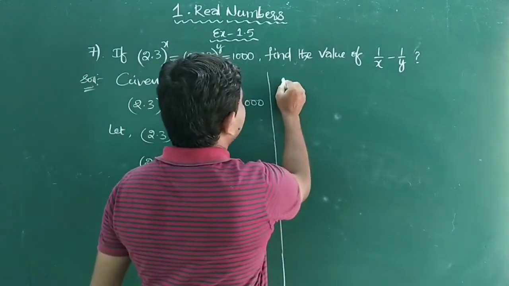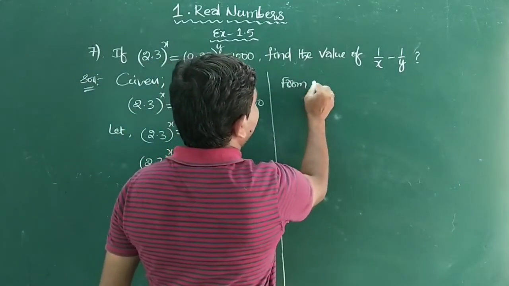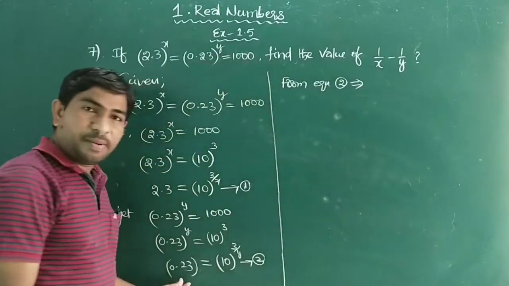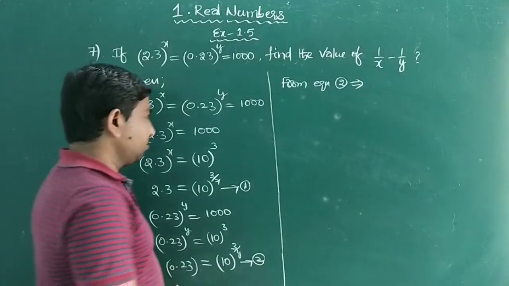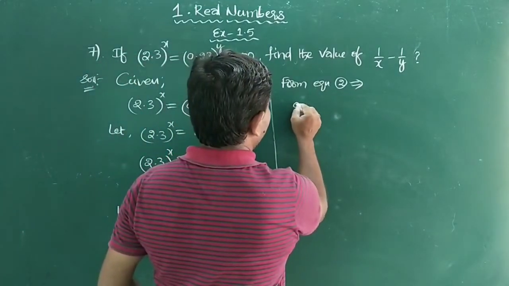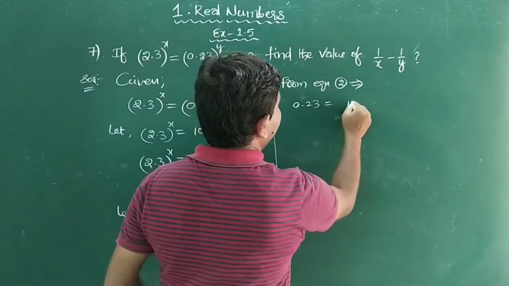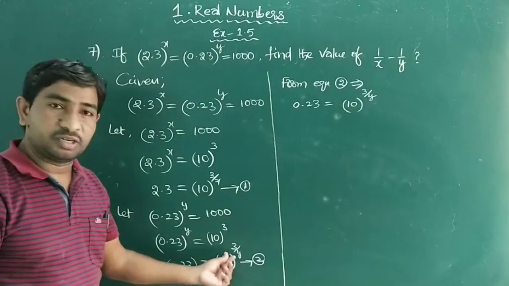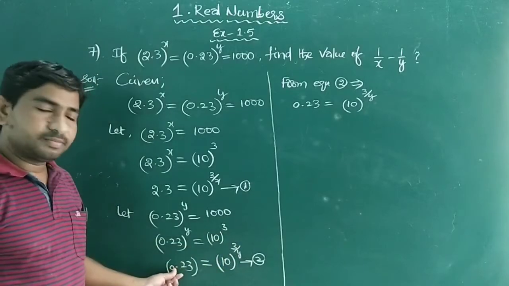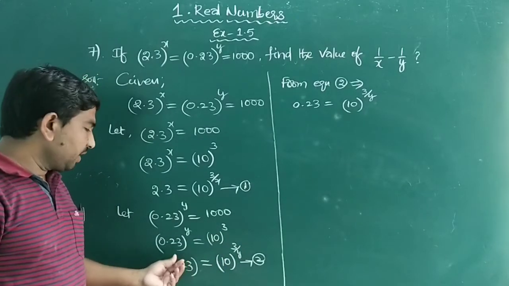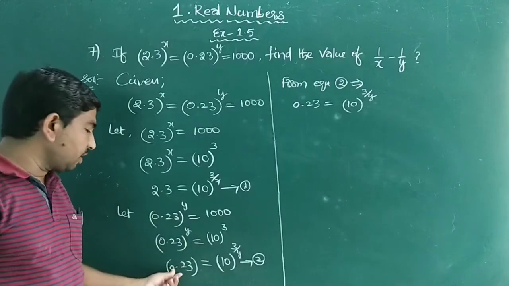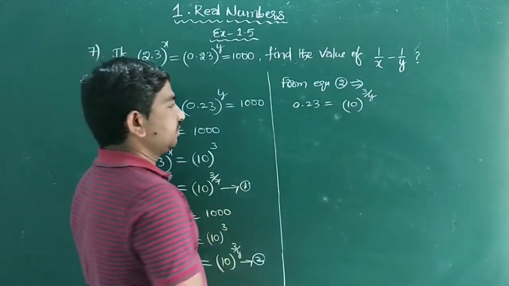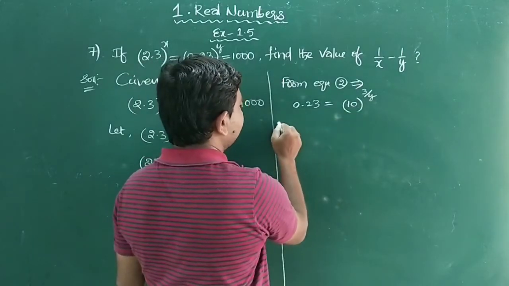From equation 2, what can we write? 0.23 is equal to 10 to the power of 3 by y. This 0.23, we have to convert into 2.3. What do we have to do? Multiply with 10 on both sides.